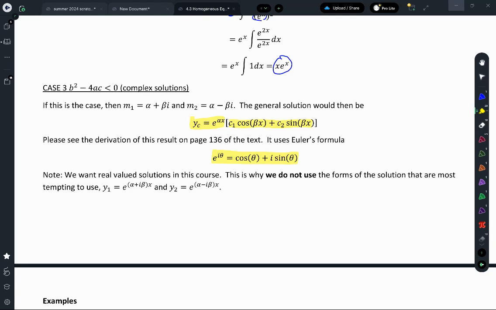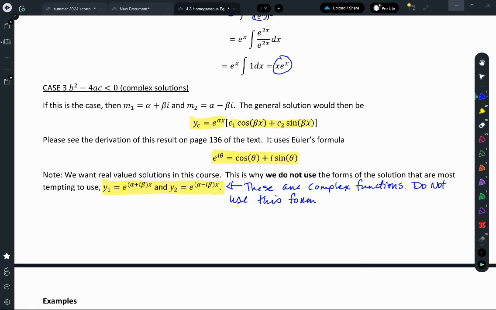But for us, what I will stress here is that some people will be tempted to write y1 is e to the alpha plus i beta times x, and y2 is equal to e to the alpha minus i beta x. We do not use these. These are complex valued functions, or I should just say complex functions. Do not use them or use this form.